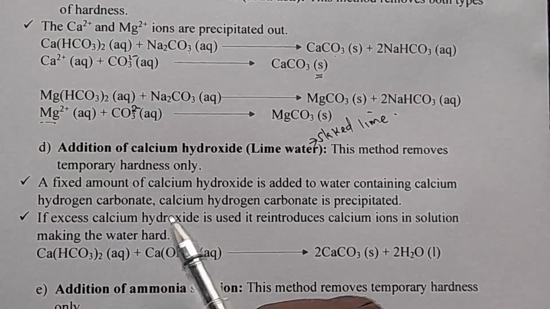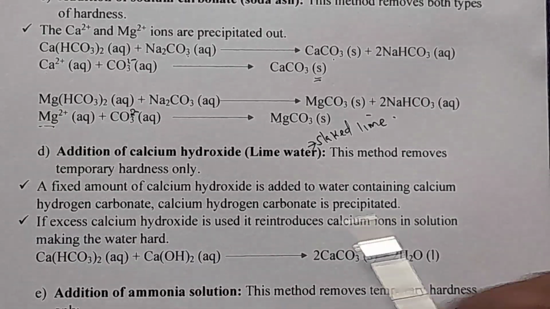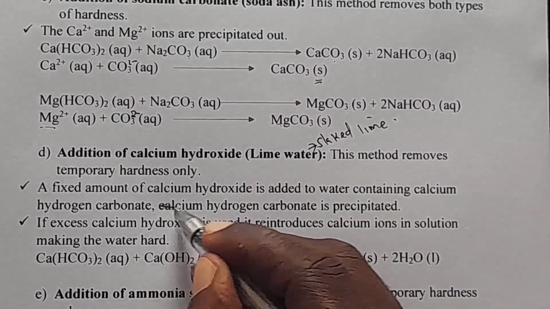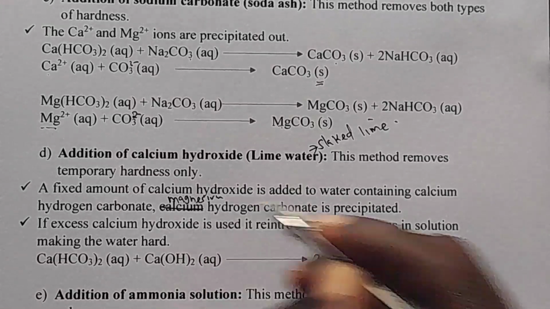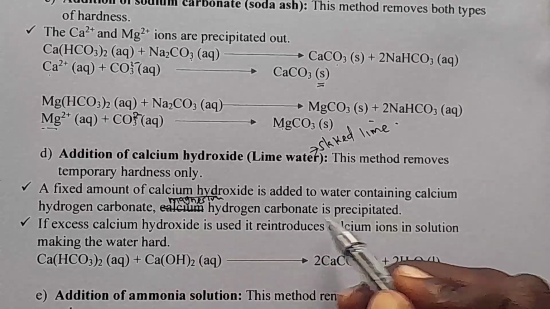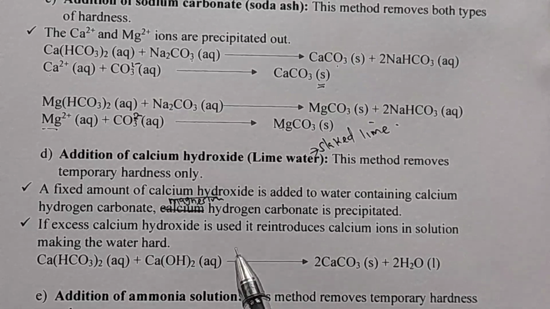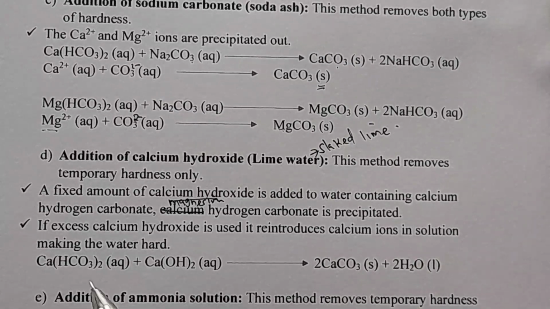A fixed amount, or a treated amount, of calcium hydroxide is added to water containing calcium hydrogen carbonate and magnesium hydrogen carbonate. Calcium hydrogen carbonate is precipitated. If excess calcium hydroxide is used, it reintroduces calcium ions in solution, making the soft water hard again.